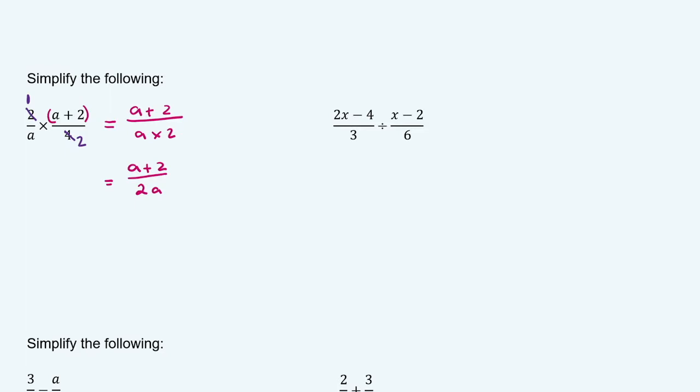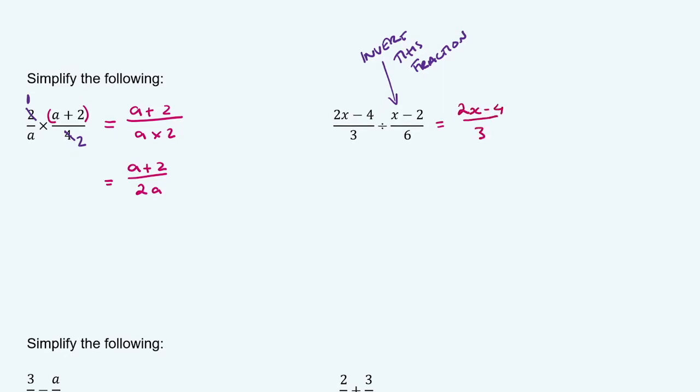Okay, hopefully this is starting to sink in. On the other hand, we've got our division. We're going to do some very similar steps, but if you remember from the last video, we need to invert the second fraction, so turn it upside down. The first one stays as is for now.